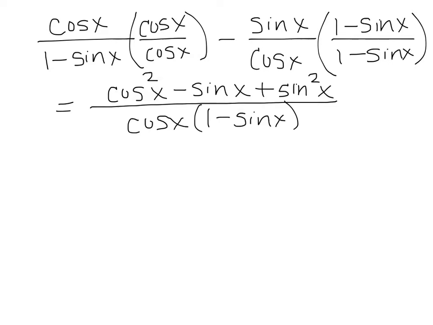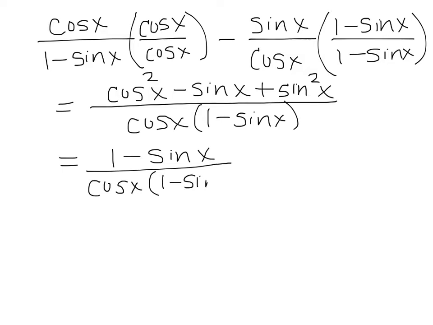Now, using Pythagorean identities, cosine squared plus sine squared is equal to 1. So our numerator becomes 1 minus sine of x, over cosine of x times 1 minus sine of x.